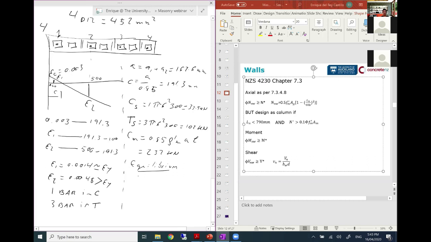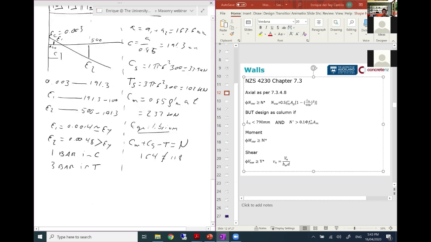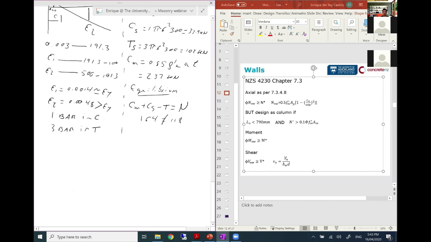So basically we have that our Cm plus Cs minus T has to be equal to my axial load. This is 164, and is not the same as 118. So we need to go back and recalculate A1, A2, and see.